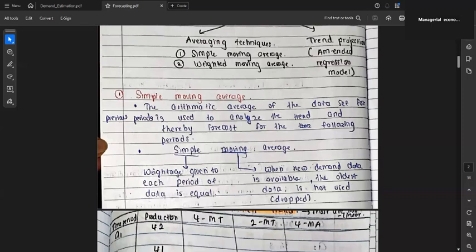Moving means when we get a new set of data, the oldest data set is dropped. That is why we call it moving. Simple in here is because we assume the same weightage for each period of data.